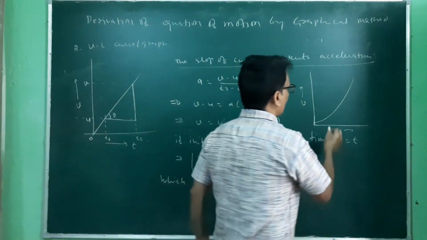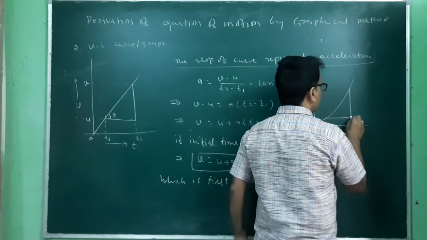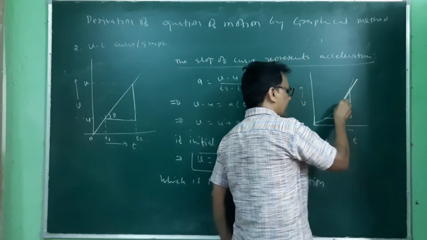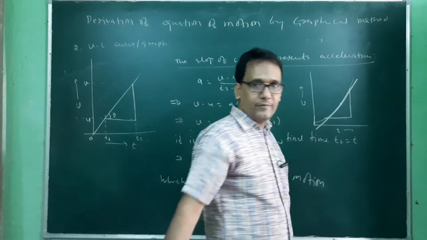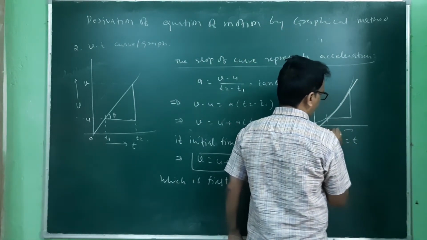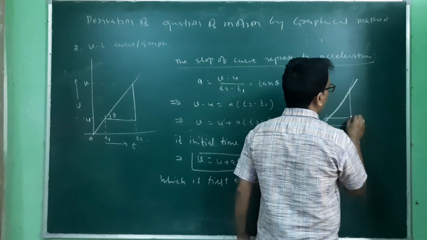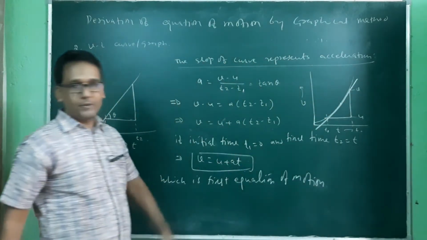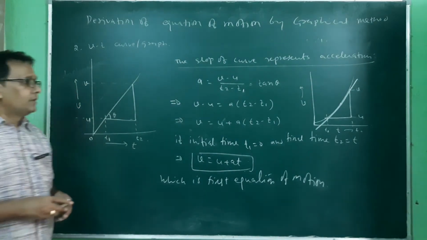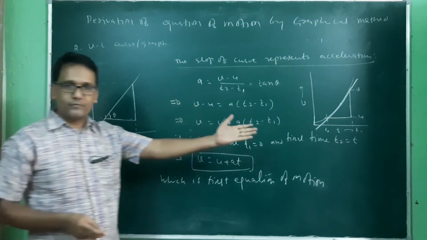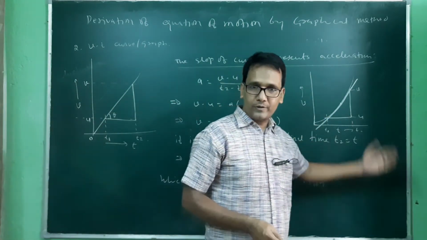So we calculate the slope like this, by putting the tangent at this particular point with a similar method. Obviously this will be t1, this is t2, this is v and this is u, and the similar calculation can be performed. So either the curve may be like this, or we can take a curve similar to this.